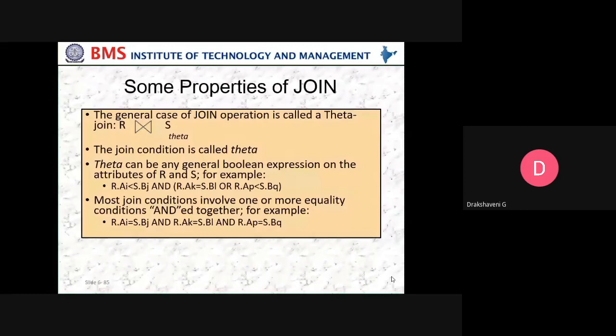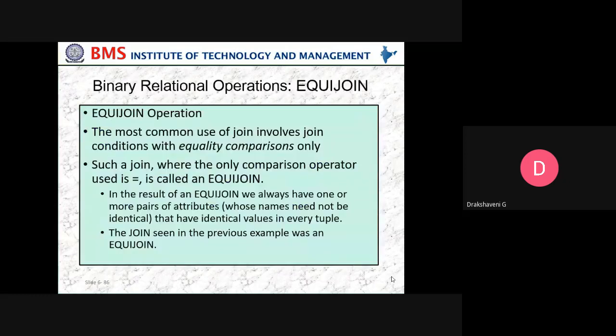For example, R.Ai less than S.Bj. Most join conditions involve one or more equality conditions together. Equijoin means there are two relations where the attributes are equal. The most common use of join involves join conditions with equality comparisons only.